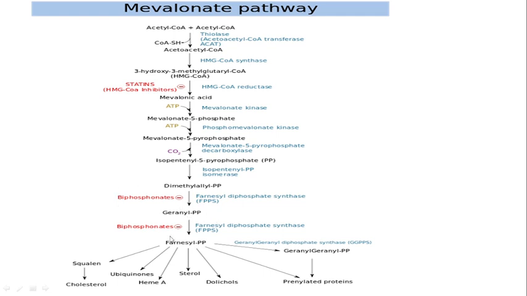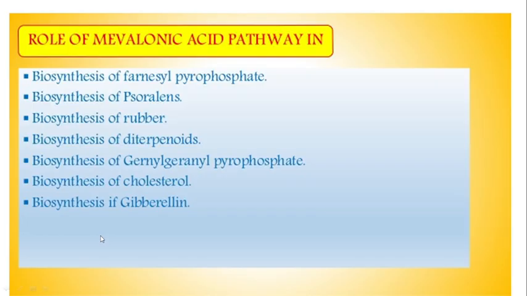That geranyl pyrophosphate is converted into farnesyl pyrophosphate, and from that different sesquiterpenes, steroids, terpenoids, all these are produced. So steroids, terpenoids, gibberellins, carotenoids, all these are the secondary metabolites which are produced from farnesyl pyrophosphate, and this one is the mevalonate pathway for formation of isoprenoids.